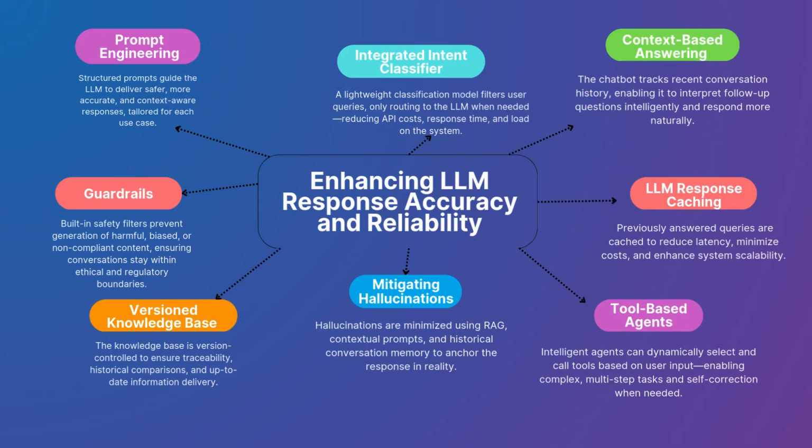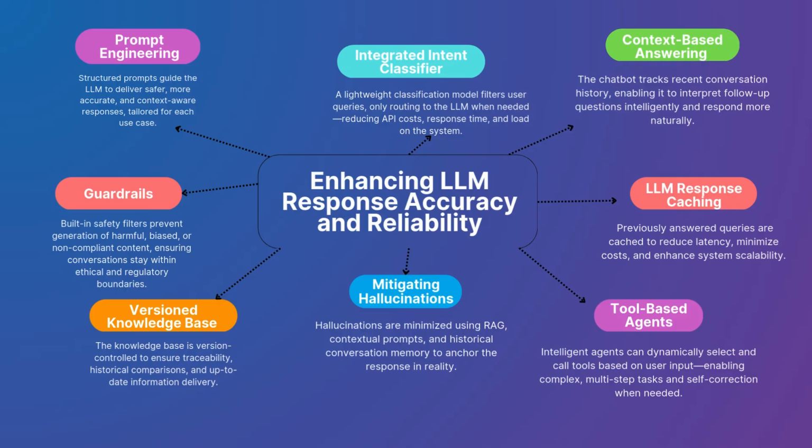To ensure accurate, safe, and reliable responses from large language models, we incorporate a multi-layered approach that optimizes both system performance and user experience. Prompt engineering plays a key role by structuring inputs in a way that guides the LLM to generate precise, context-aware answers tailored to specific use cases.